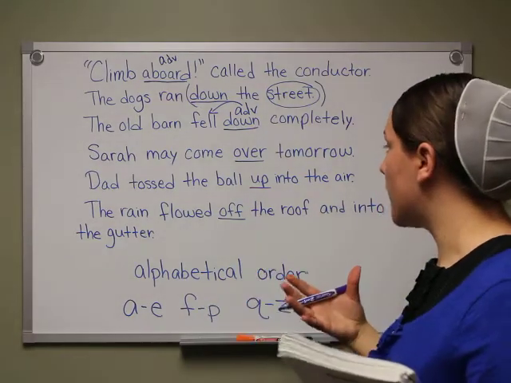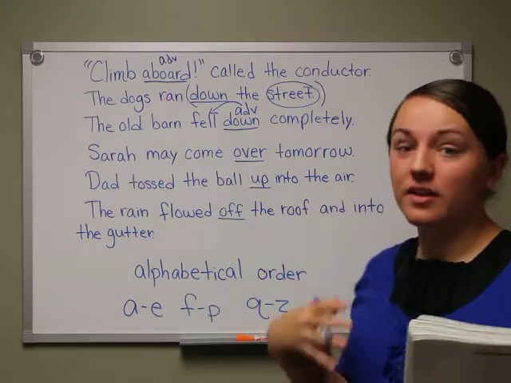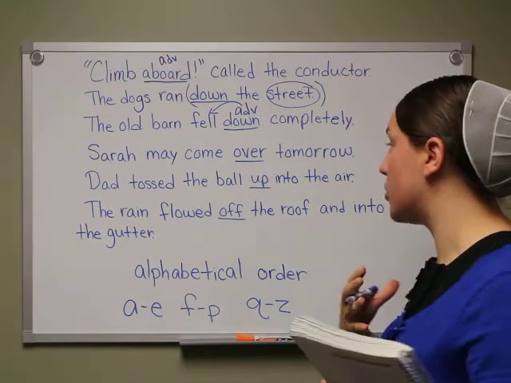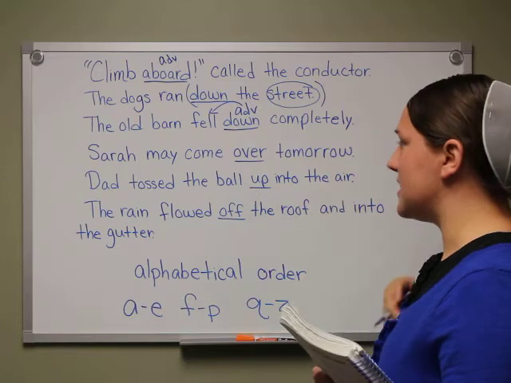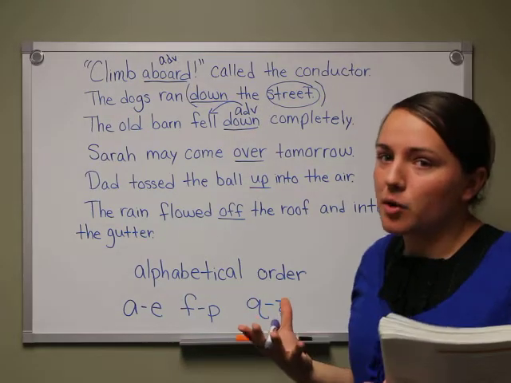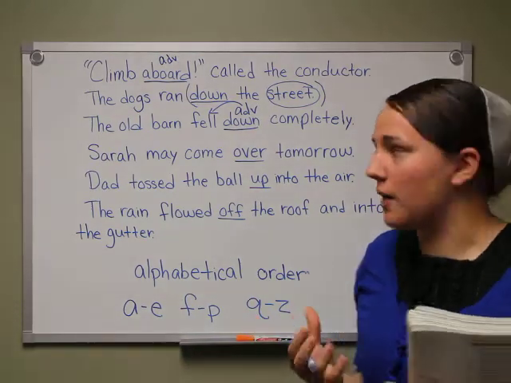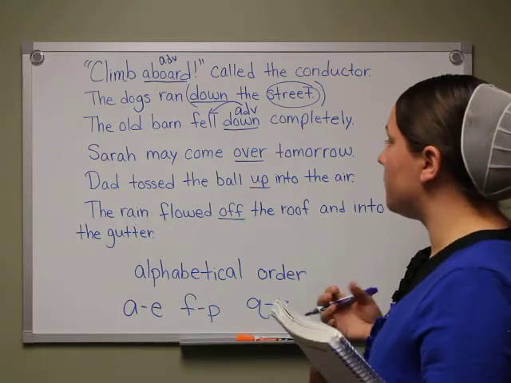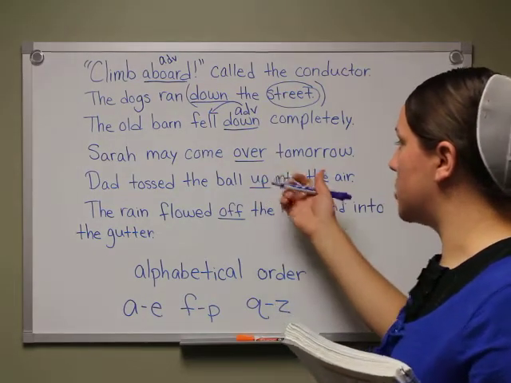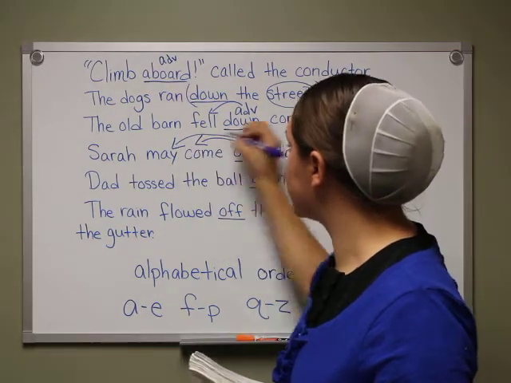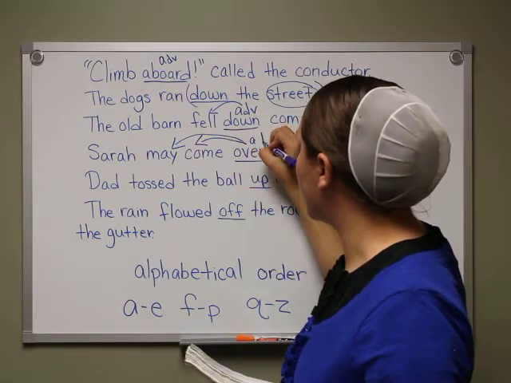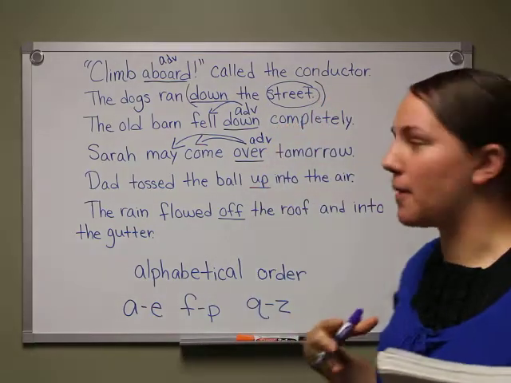Now, does over have an OP? Does it have an object after it? Now, tomorrow is a word saying when she can come over. Tomorrow is not a noun or a pronoun in this sentence. So, over is saying where she can come. Over is describing may come. Alright? So here, over is an adverb, not a preposition.